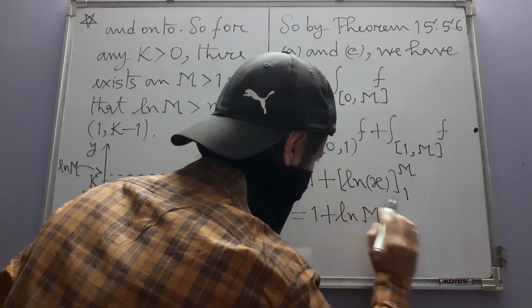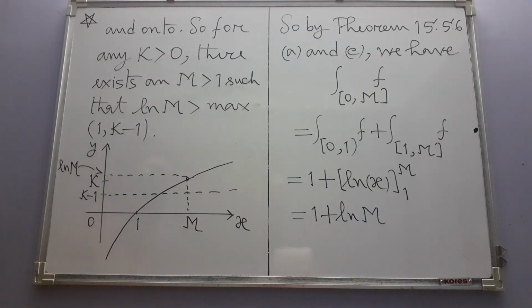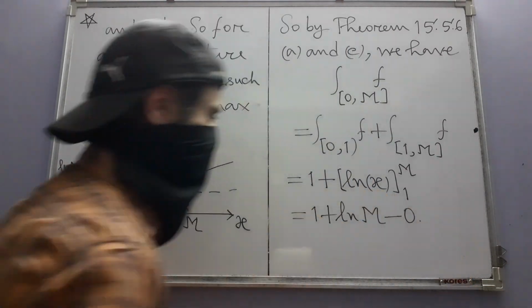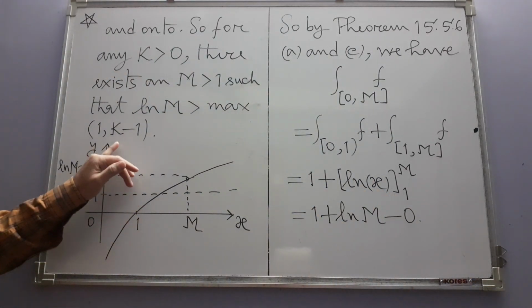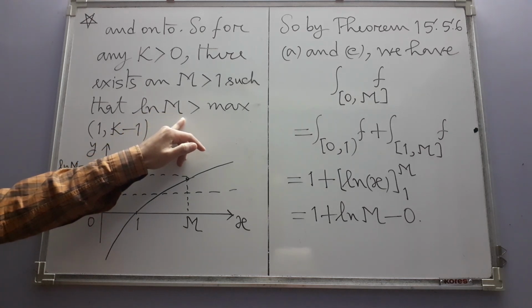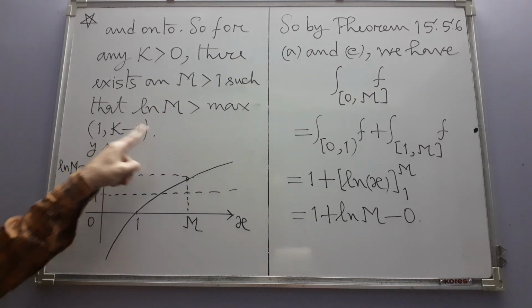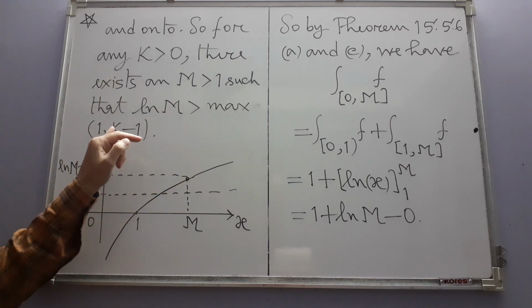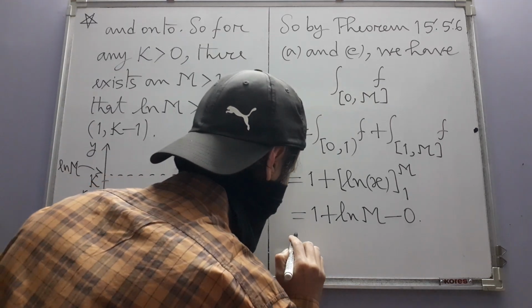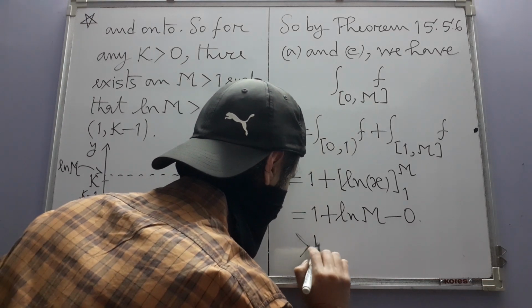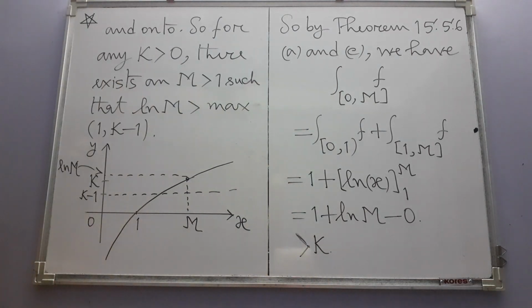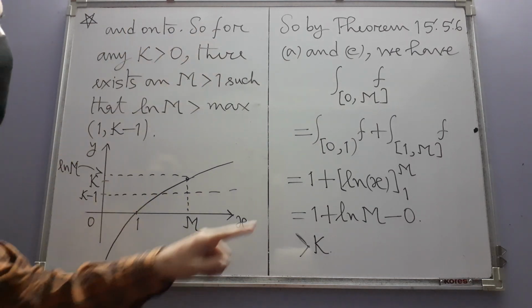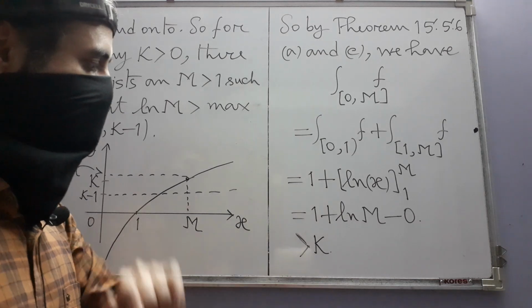If you want, you can use brackets. I am not going to use it. Okay. Minus ln of 1, which is 0. Now ln of m is greater than k minus 1, or 1 plus ln of m is greater than k. K was our choice here. For any k, this thing is greater than k.